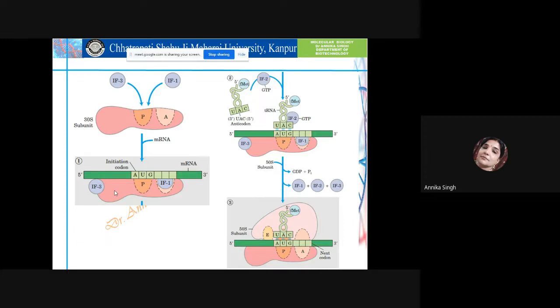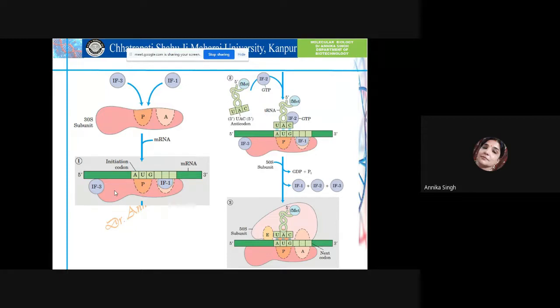Then a sequence present in the messenger RNA is recognized by the two scientists, and hence the name Shine-Dalgarno sequence. This Shine-Dalgarno sequence is an initiation signal of 4 to 9 purine residues, and it is 8 to 13 base pairs to the 5 prime side of the initiation codon.